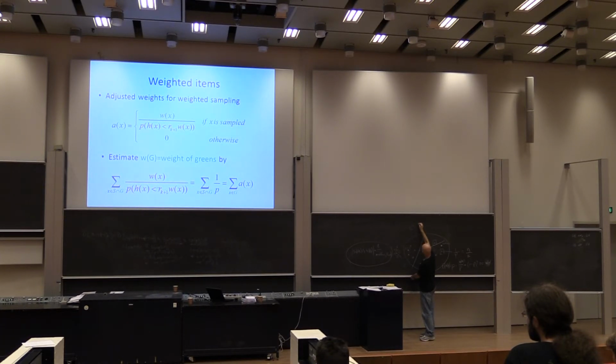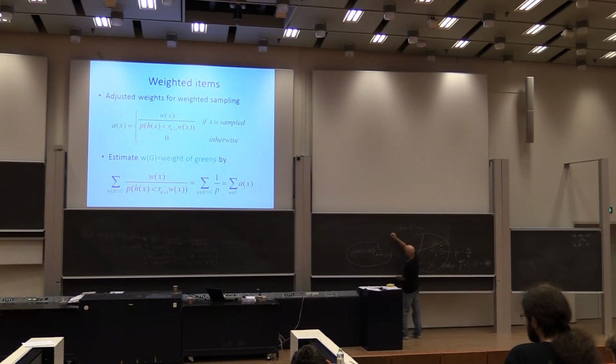This would be equal to the k plus 1 rank that I keep in my sample, like before. For x to be in the sample, I need the rank of x to be smaller than that.